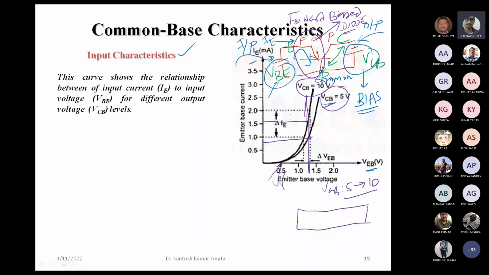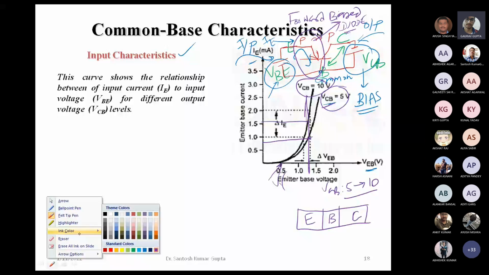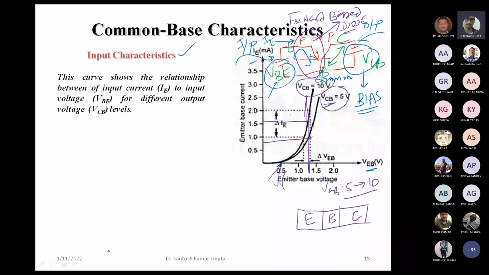So this can be illustrated qualitatively here like this. So the emitter-base junction has been forward biased.